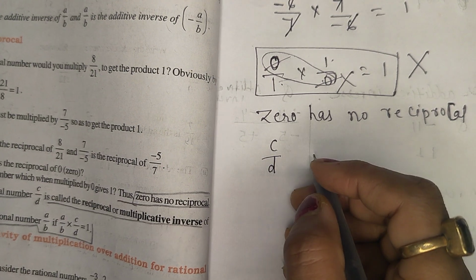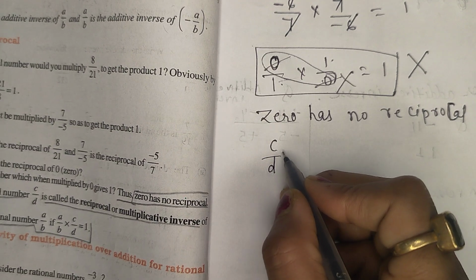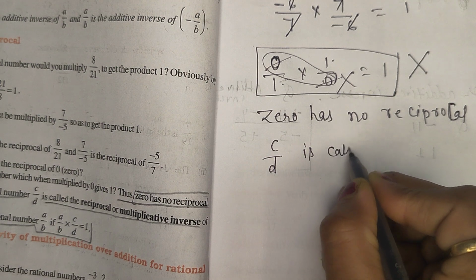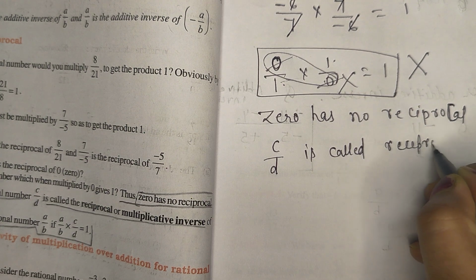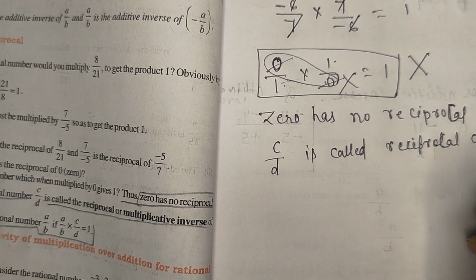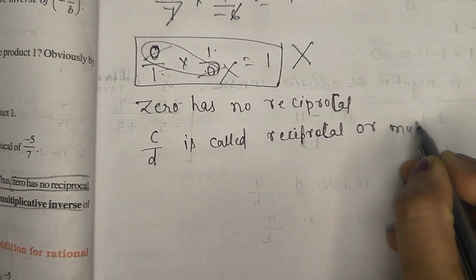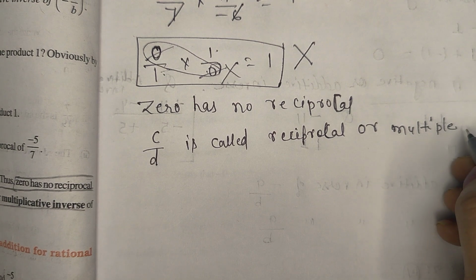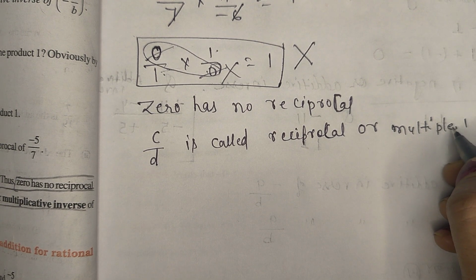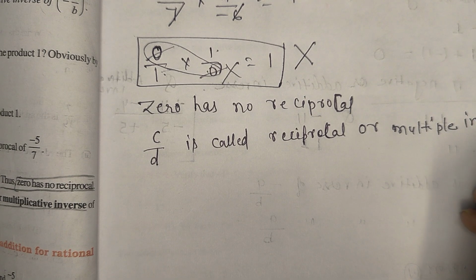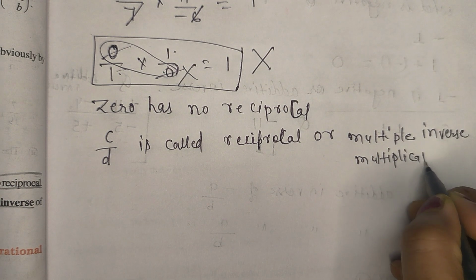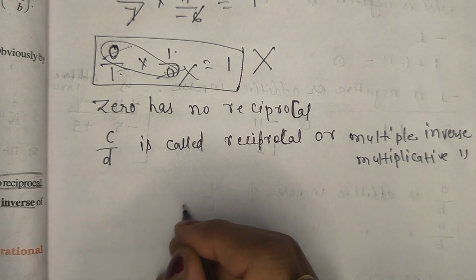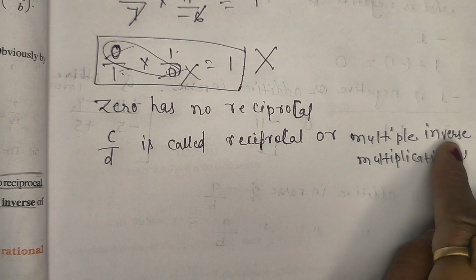C by d is called the reciprocal, or multiplicative inverse, of d by c.